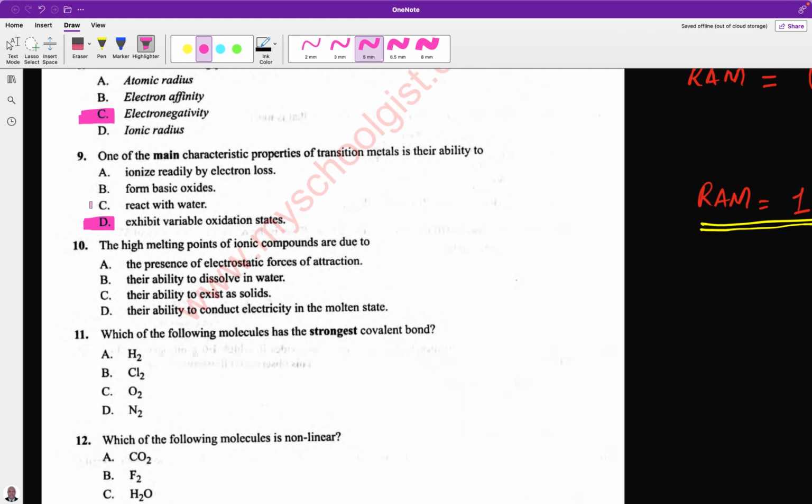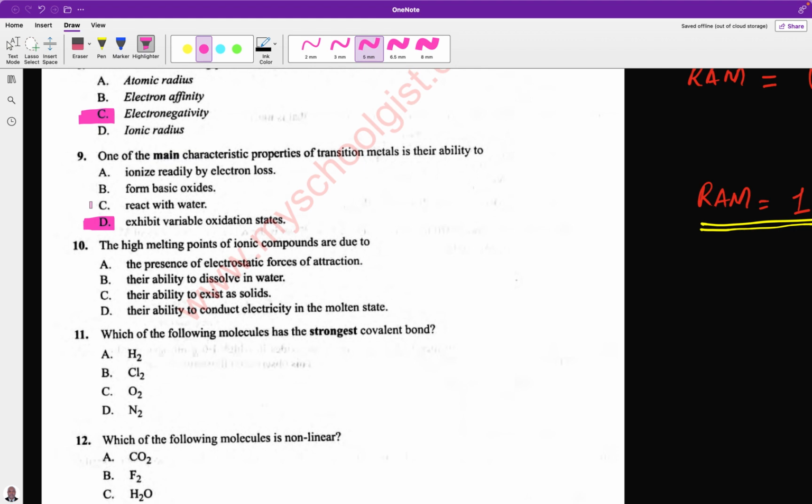Question number 10 has to do with the melting point. The question reads, the high melting point of ionic compounds are due to... Remember, high melting point of ionic compounds.